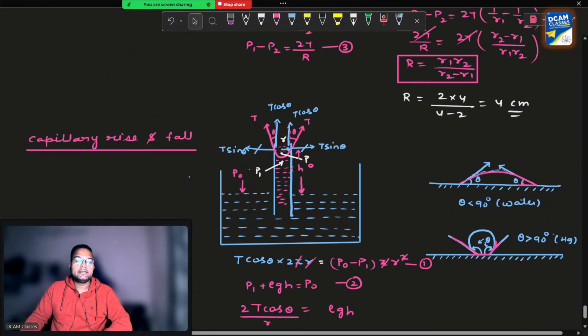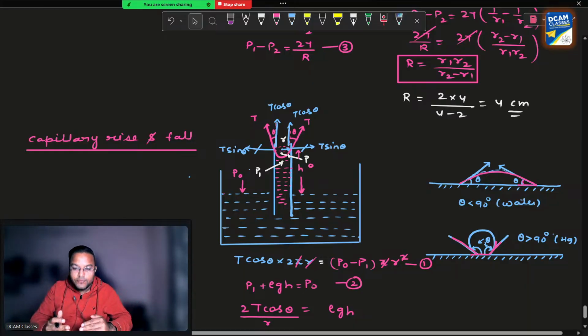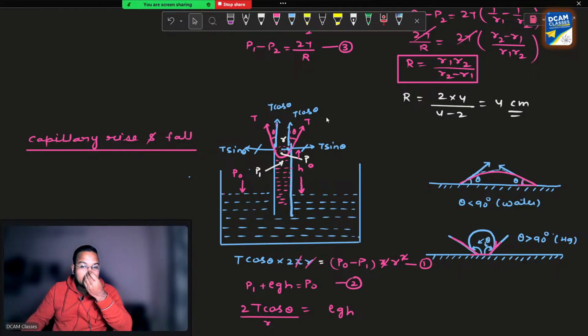And why is it rising up? The reason why it is rising up is because the angle of contact of the liquid is less than 90, like this. If it was like this, it has to move down.